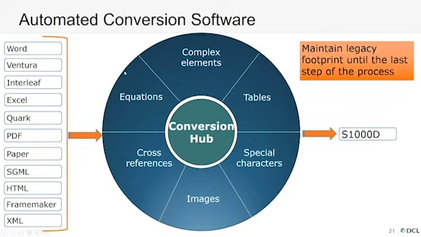This is called the hub and spoke approach and is specialized to handle front matter, special characters, and a variety of tables, equations, and other structures that are known to be challenges during the conversion. So if a new requirement is needed, you only customize the individual module instead of building the entire conversion filter.